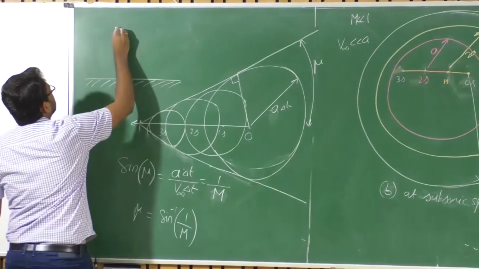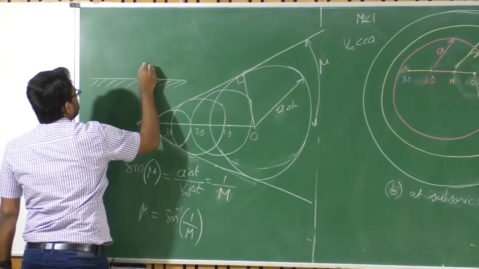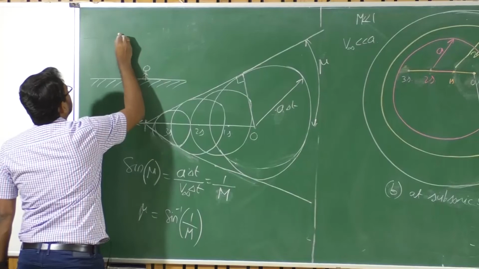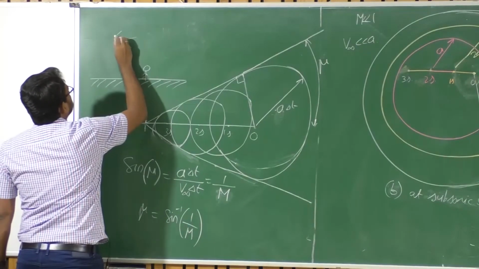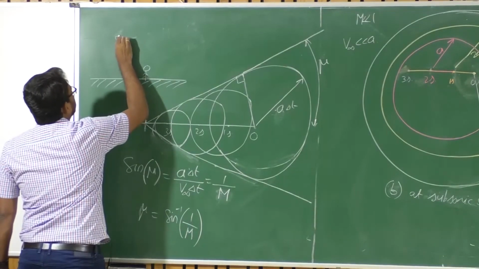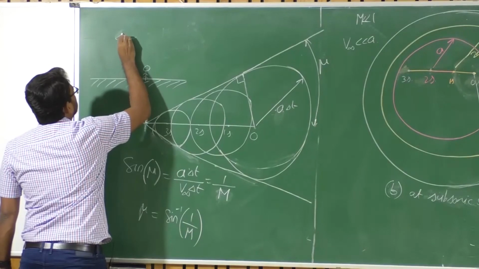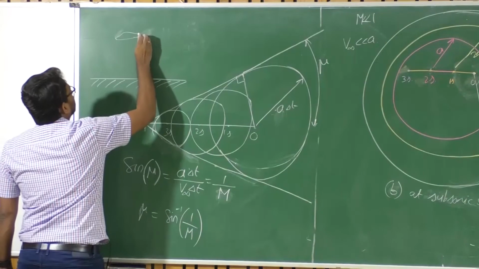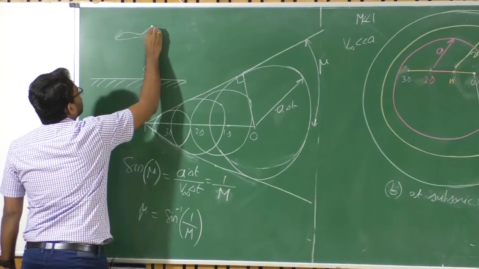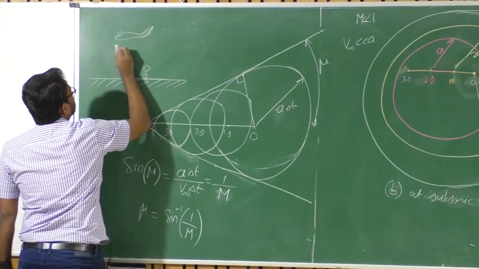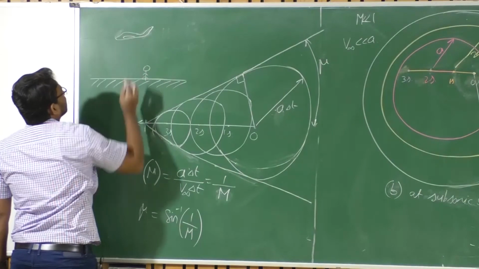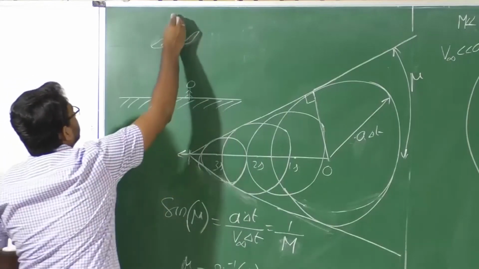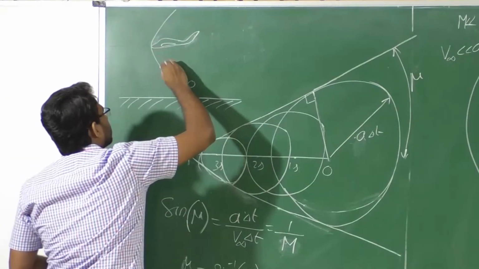To understand that, consider an example where a person is standing on the ground. A supersonic aircraft has already passed him, and he is not able to hear any sound from it until he gets into this Mach cone.